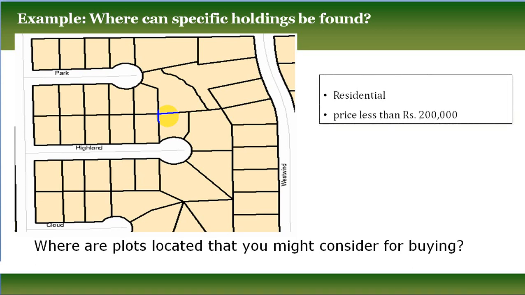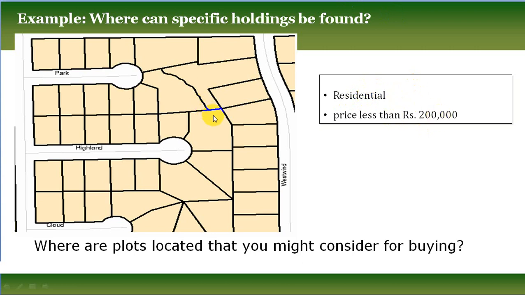So among all those holdings, you want only residential holdings, not industrial holdings, and the price less than 2 lakhs, because budget is one consideration. Now the GIS software, based on your conditions, finds all the holdings which satisfy both these conditions. They must be residential and their current price is less than 2 lakhs.